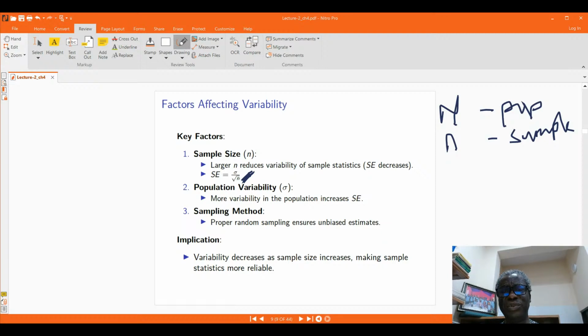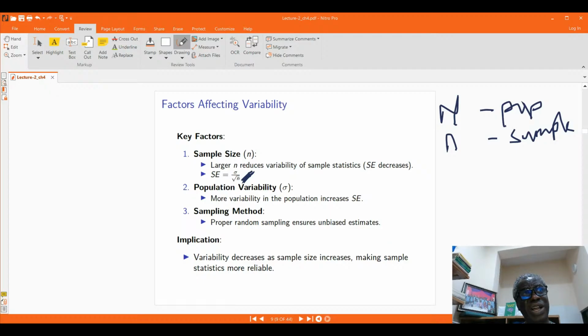If your sample is representative enough, then it will ensure an unbiased estimate. In other words, it will ensure that the mean of the sampling distribution of that statistic is equal to the population mean.